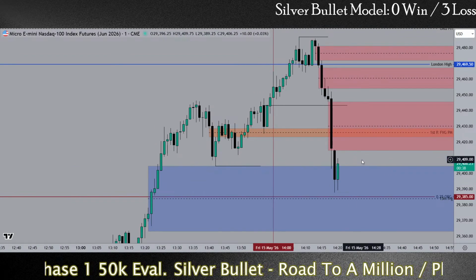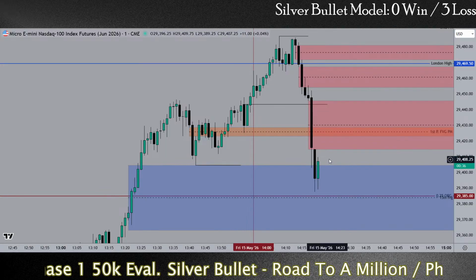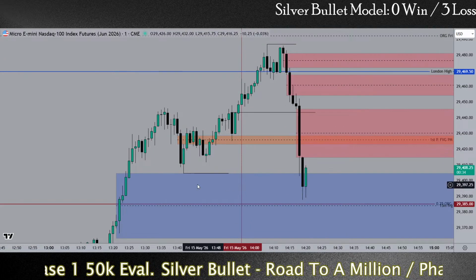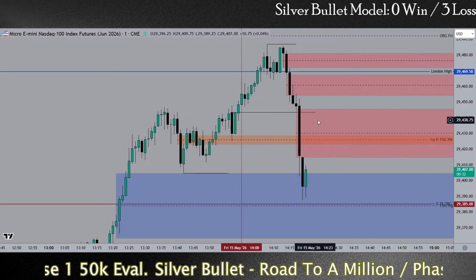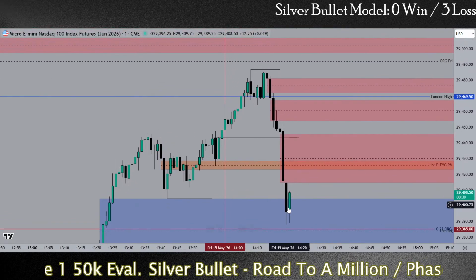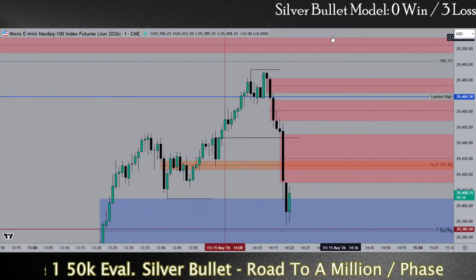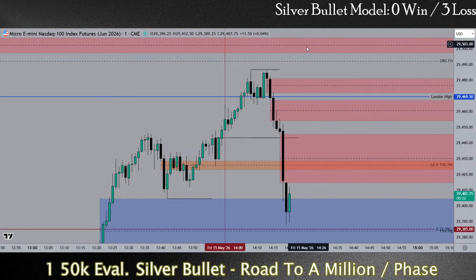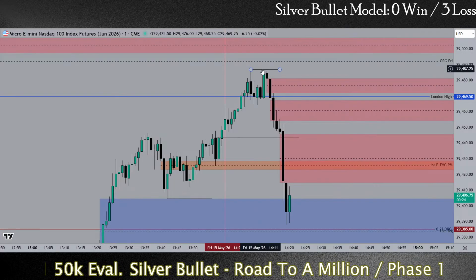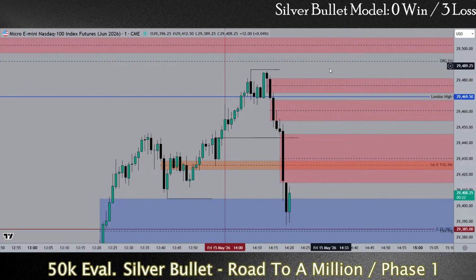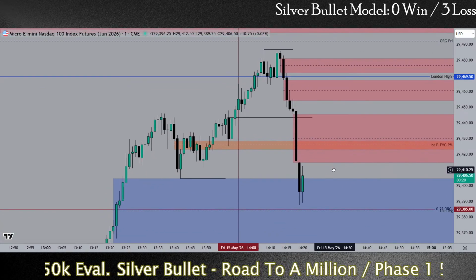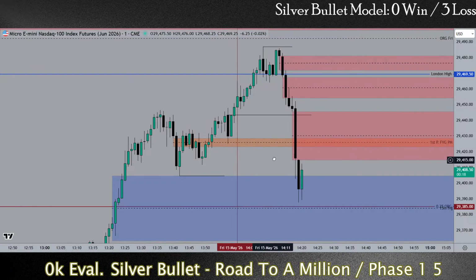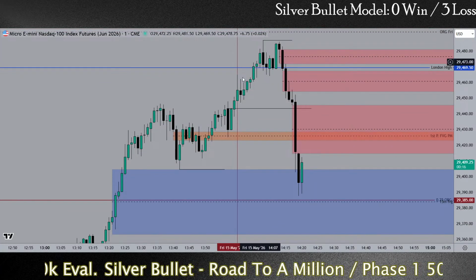All right, nice slide. But now I'm curious whether we can recoup and start grinding back up higher, eventually reaching this inefficiency here, and the buy side and the opening range gap consequent encroachment. That's kind of what I have in mind.